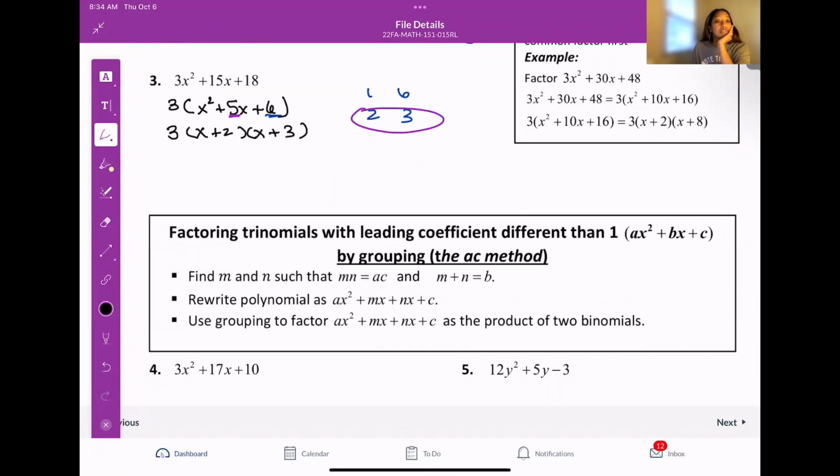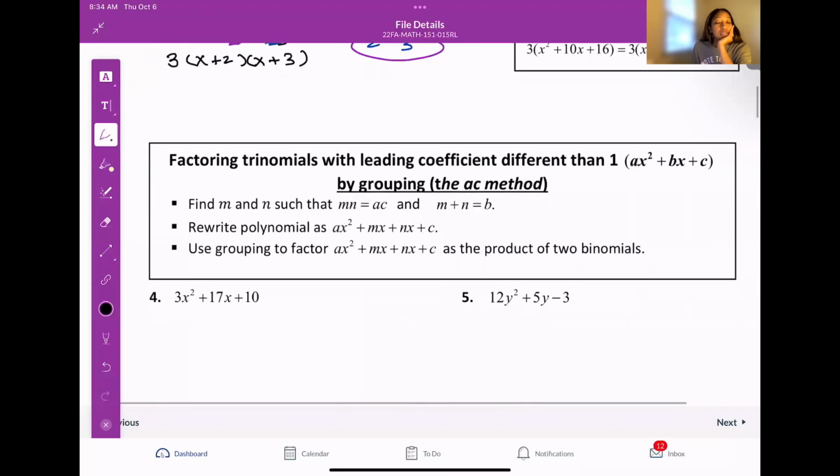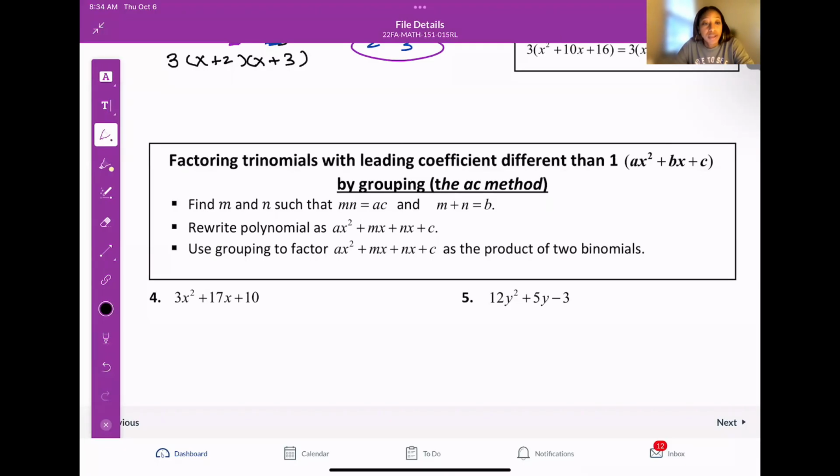What if we have a trinomial with a leading coefficient that's anything other than 1, and we can't factor out the greatest common factor? There's no greatest common factor to factor out. Okay, so the way that we can do that is another way of factoring by grouping called the AC method, okay?